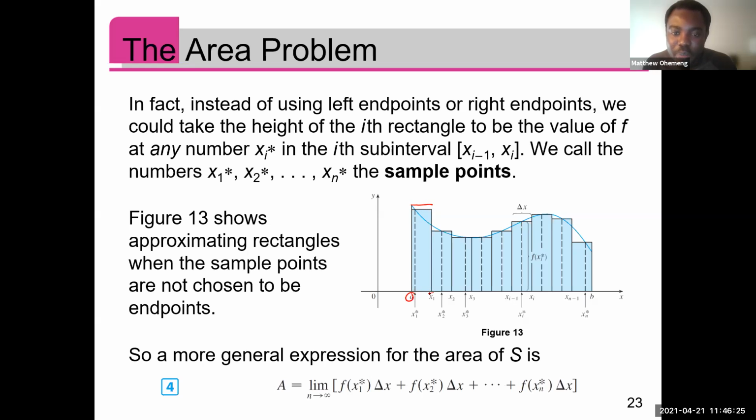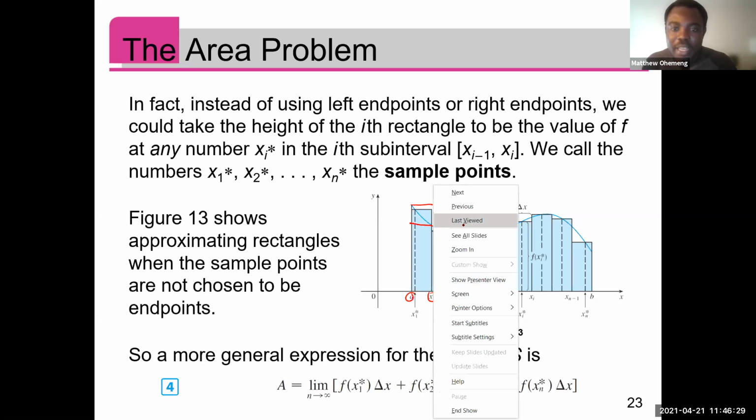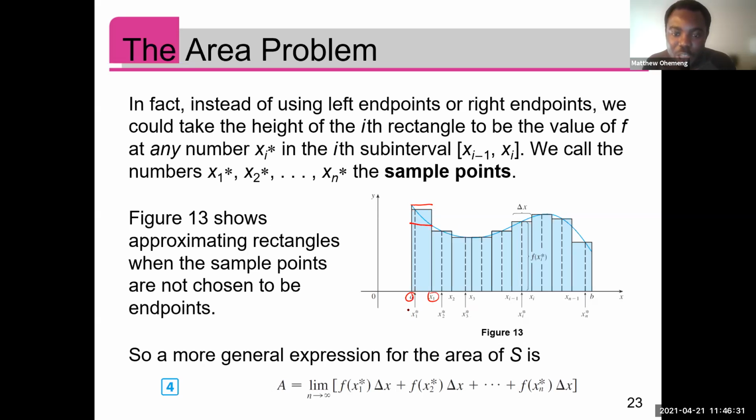If I use my right endpoint, then my height of the rectangle will be somewhere down here. But if I pick a sample point in between the a and x sub 1, then it will be a much better approximation of the height than either the left or the right. So that's why sometimes we pick points in between, right?